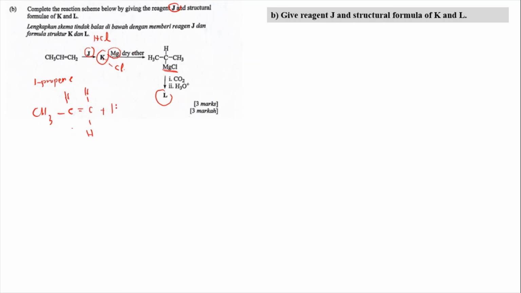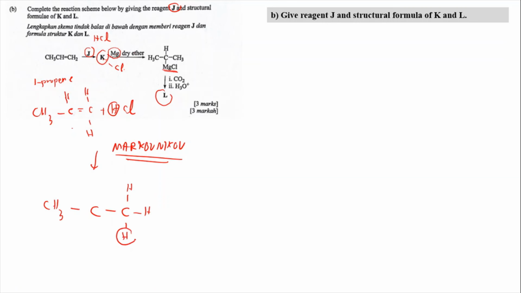Okay, so kat sini my J gonna be HCl, and then it will undergo addition reaction follows the Markovnikov rule. Okay, kena follow Markovnikov, maksudnya hydrogen akan masuk kepada carbon which has more hydrogen attached to it. So it's going to become CH3, C, C, H, H, dan H. Bulatkan tadi.